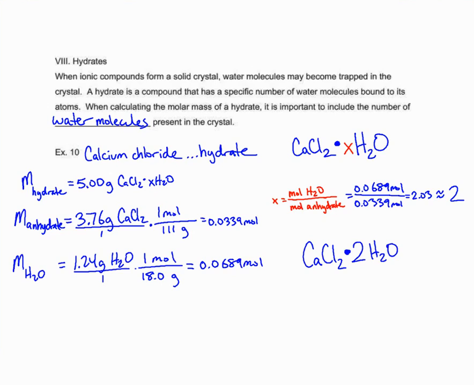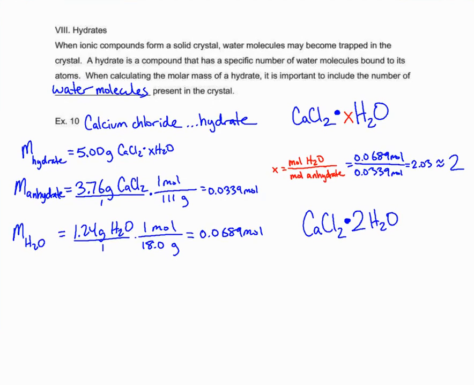So here's how we can use this. If we are in the lab and we're working, and what I tell you is that we need 30.0 grams of calcium chloride for an experiment. So if we're basing it just on CaCl2, we found the molar mass, 111 grams per mole.